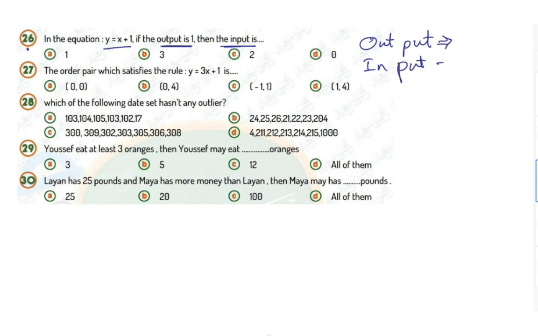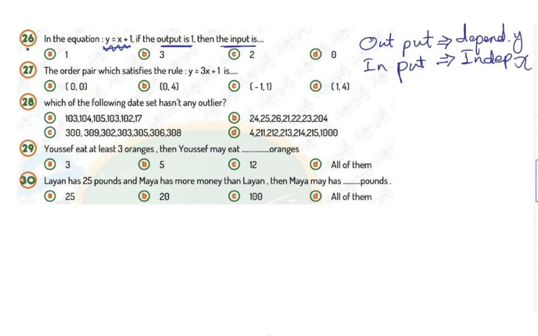We know that output is the dependent variable and the input is the independent variable. Which variable is the output or the dependent? Of course, y. So y here is the output and x is the input.